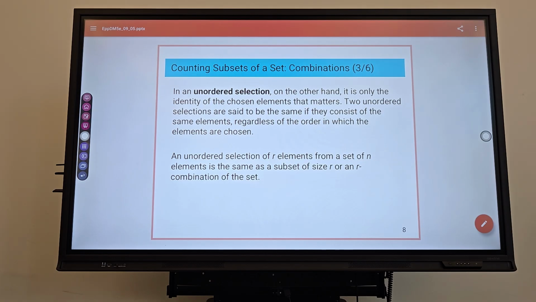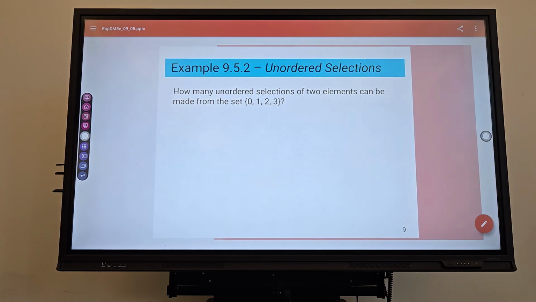An unordered selection of r elements from a set of n elements is the same as the subset of size r, or an r-combination of the set. How many unordered selections of 2 elements can be made from the set 0, 1, 2, and 3?